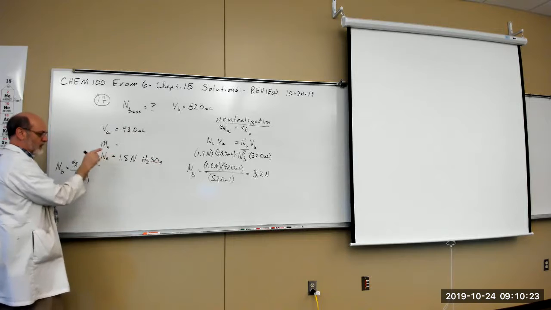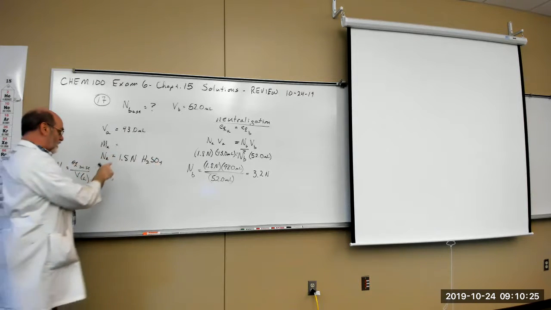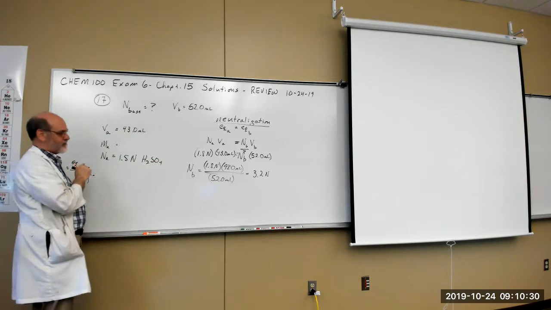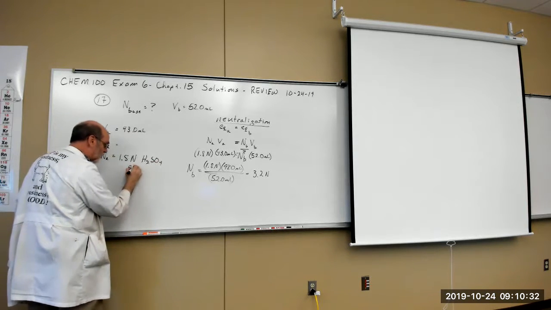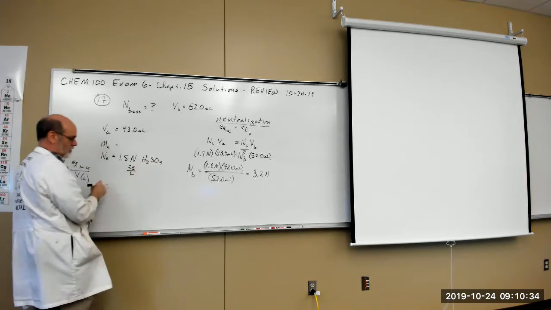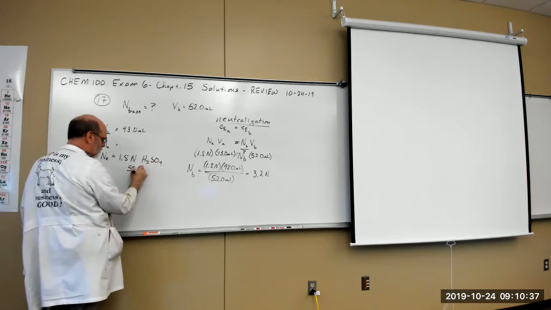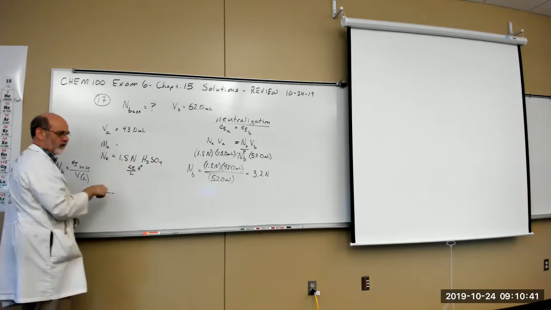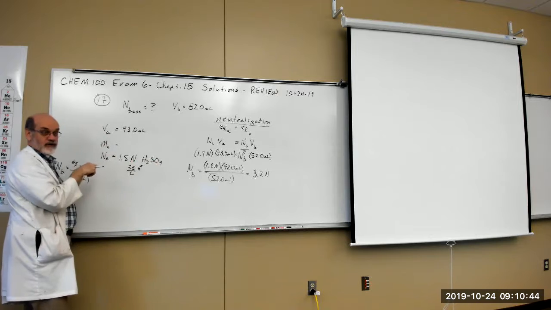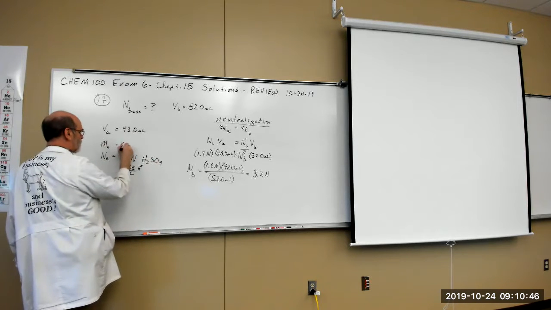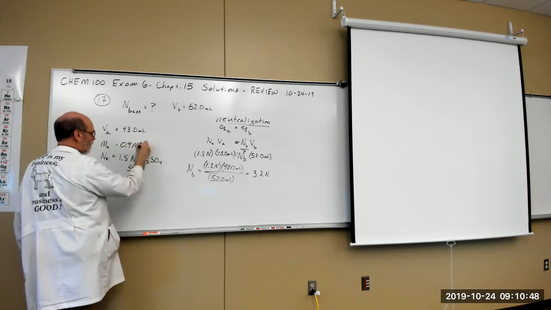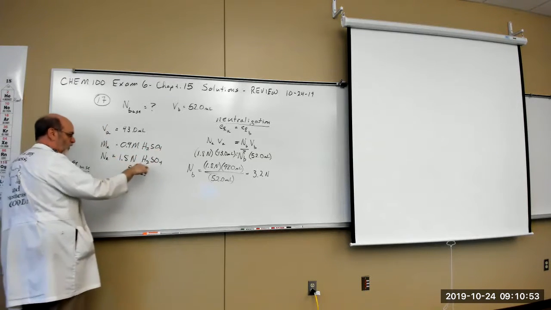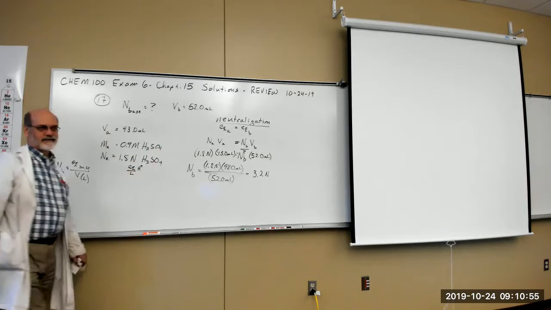What molarity of sulfuric would give you that normality? Right, this is the number of equivalents per liter of hydrogen. So what molarity would give you that many equivalents? Half as much, right? Half as much. 0.9 molar H2SO4 would give you 1.8 normal. Okay.